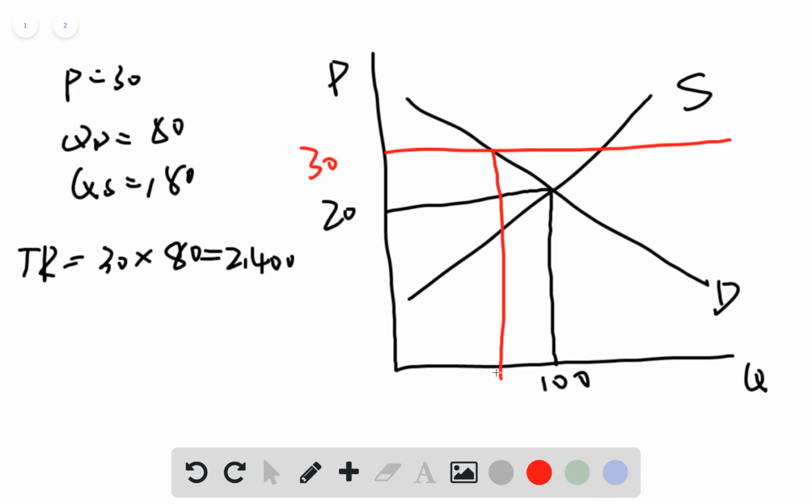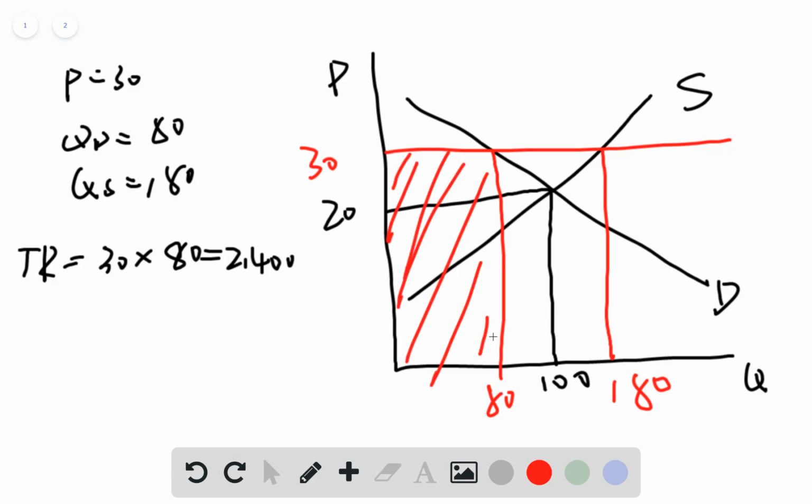So basically, when the price is $30, the quantity demanded is 80, and the quantity supplied is 180. Okay, so the total revenue would be 30 times 80. So the total revenue on the graph should be this rectangle here. Okay, so this is the second part of this question.